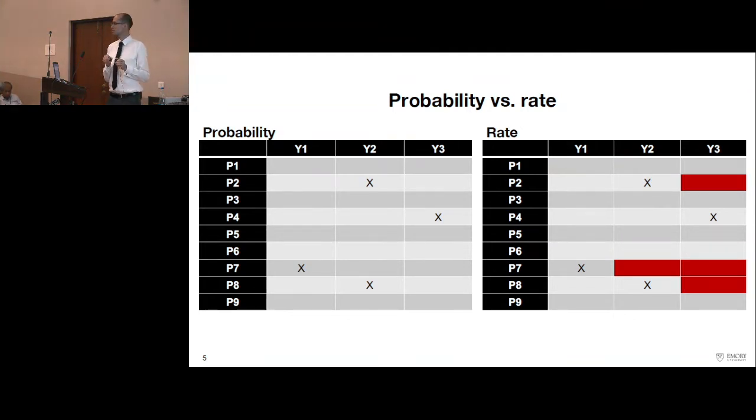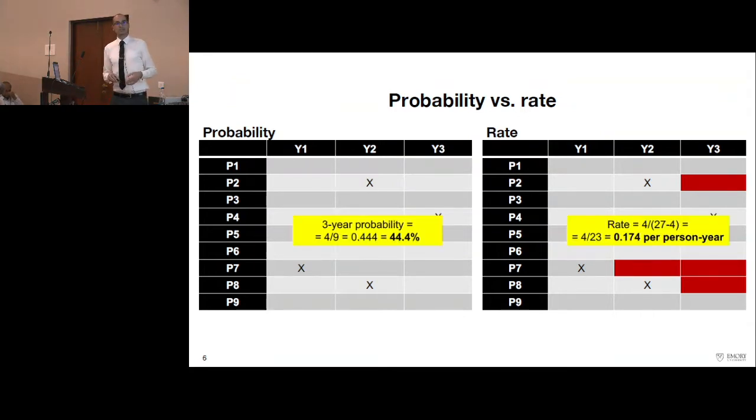Person number 4 got the disease in year 3, so we stop following them in year 3, but we would do this anyway, because that's essentially the end of the study. Person 7 gets the disease in year 1, so we stop observing them. We don't observe them anymore in year 2 or 3.